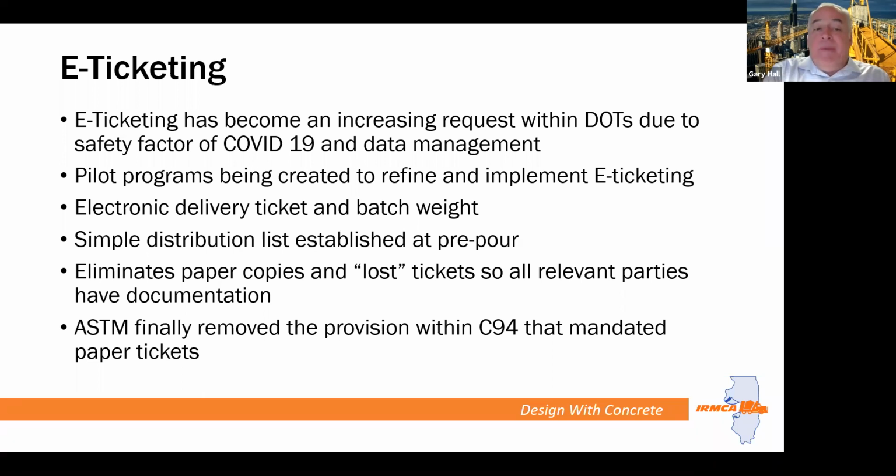Obviously, it eliminates paper copies and lost tickets. It's not uncommon to get a lot of phone calls as a producer that they have a missing ticket or batch weight copies, or that a batch weight wasn't received on a job site. We could also add relevant notes to the e-tickets as well, regarding inspection results at the plant and contacts for quality control at the plant.